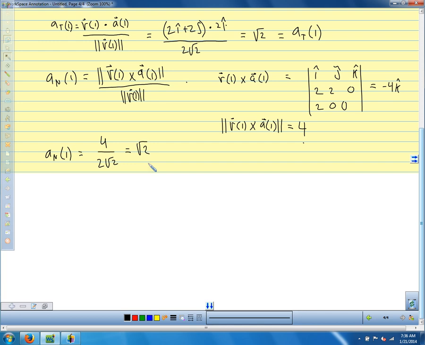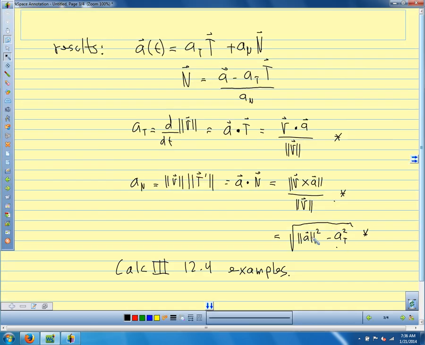So we found our unit tangent vector, our normal component of acceleration, and our tangential component of acceleration, and now we're going to use this expression to find our principal unit normal vector. So we don't have to find t prime over the length of t prime.